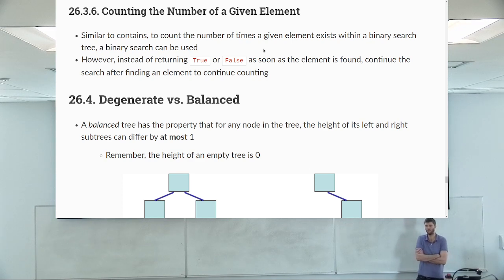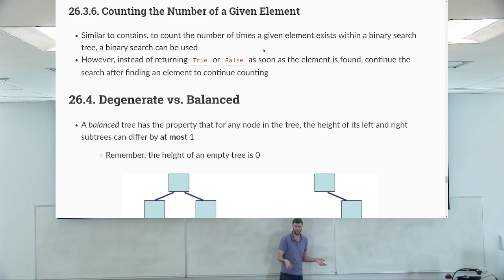It's 1 if I find the thing I'm looking for, some element x, and I'm at a node that contains x. So how many elements are in that whole tree? Well, it's 1 plus however many over here and however many over here. But because it's a binary tree, we can only look to one side or the other, right?